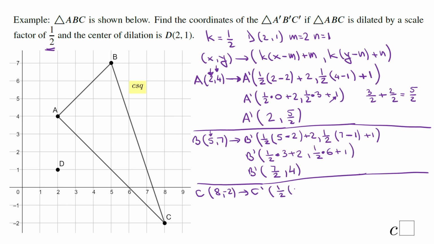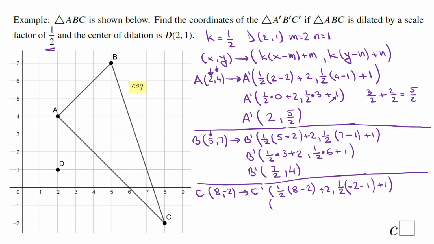The x coordinate now is 8. 8 minus 2 plus 2. The same for the y coordinate, 1/2. Now be careful, the y coordinate is negative 2, minus N, minus 1. Let's close the parentheses, plus N, plus 1.